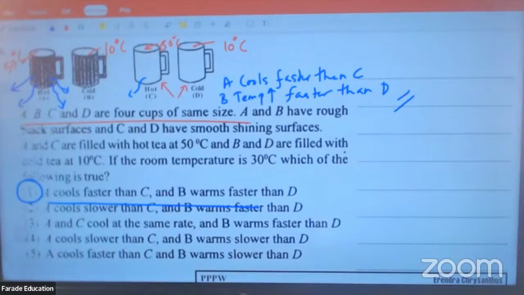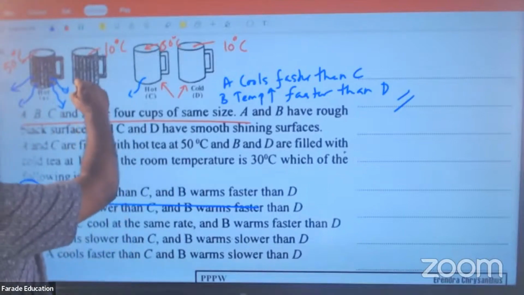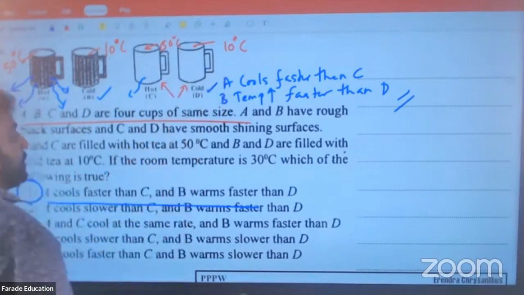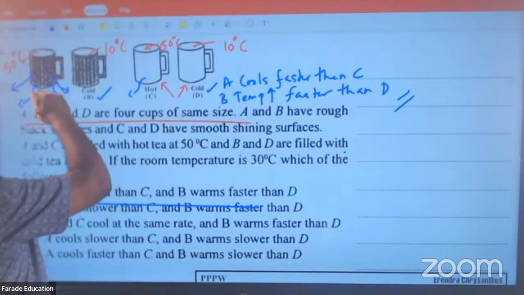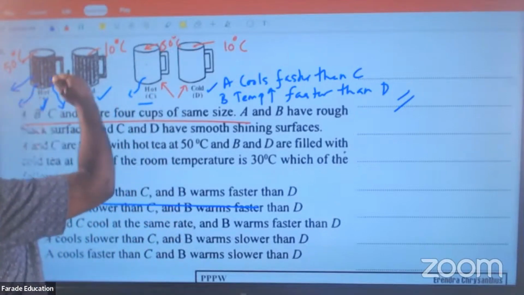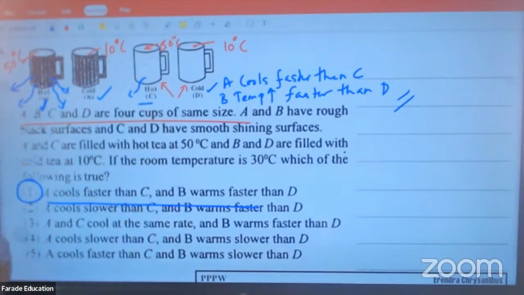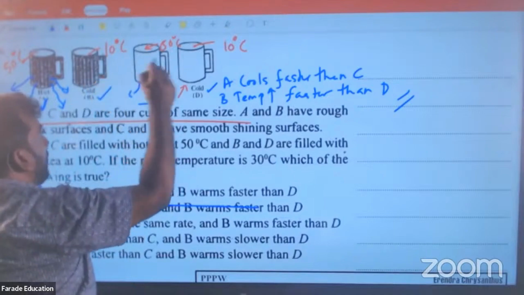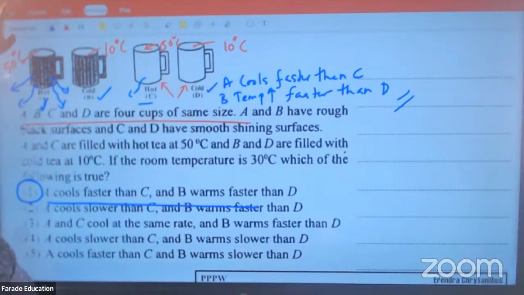You can see the way they've asked it. So B will absorb heat more quickly than D, and A will emit heat more quickly than C. So A is emitting quicker than C, B is absorbing quicker than D.